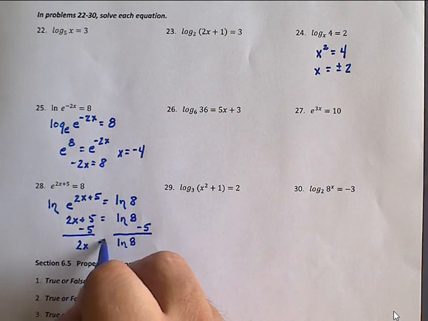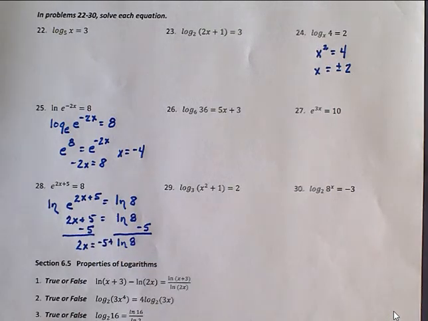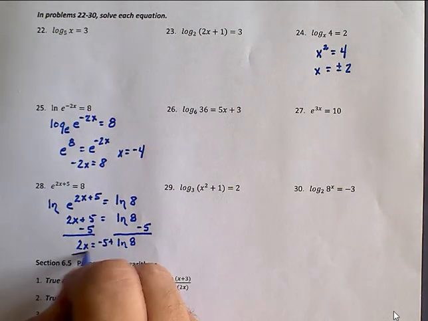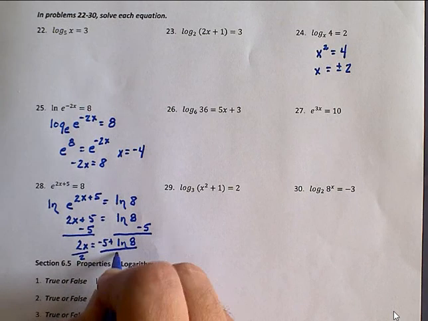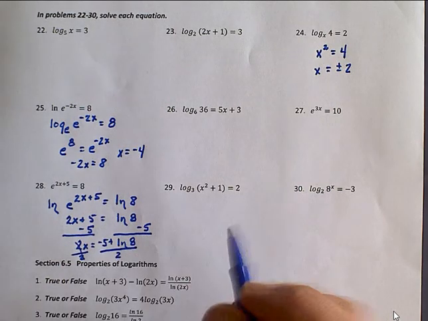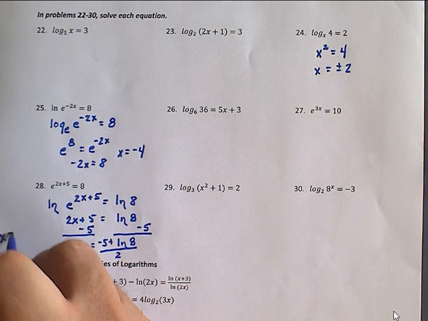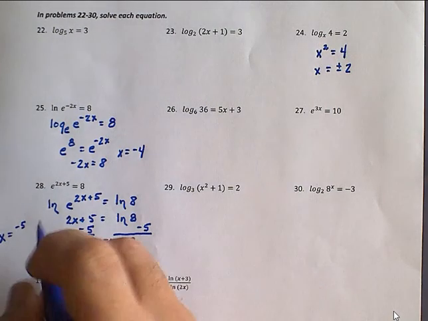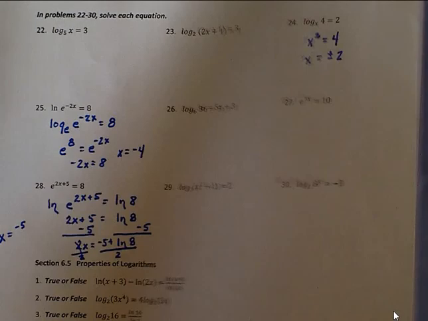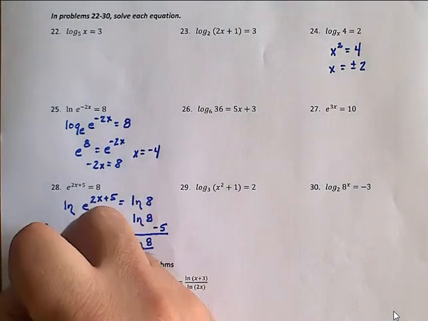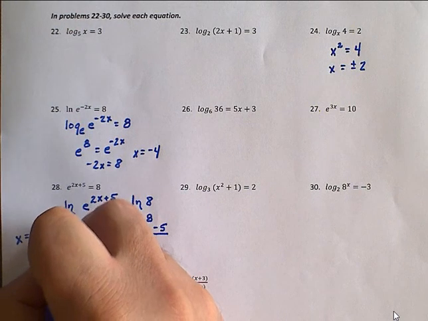Negative 5 plus, because I don't want you to subtract the 5 from the 8 and get 3. You can't do that because the ln is attached to the 8 and only the 8. If it is attached to both of them, you can put them together. But in this case, all I want to do to finish this is divide both sides by 2. So x equals negative 5 plus the natural log of 8, all over 2.